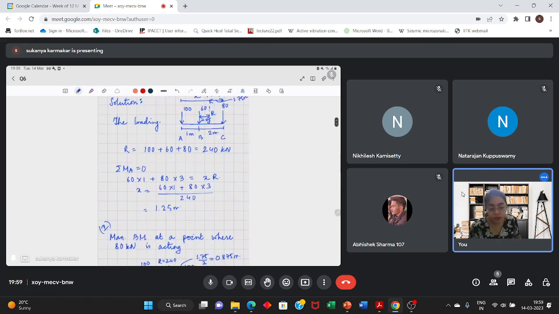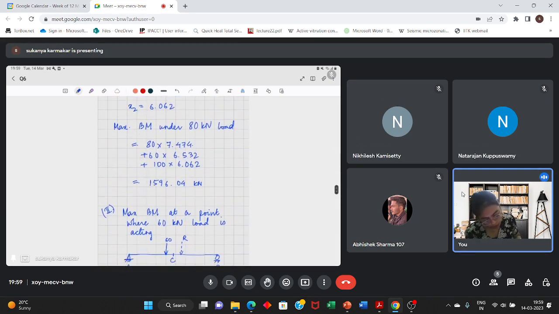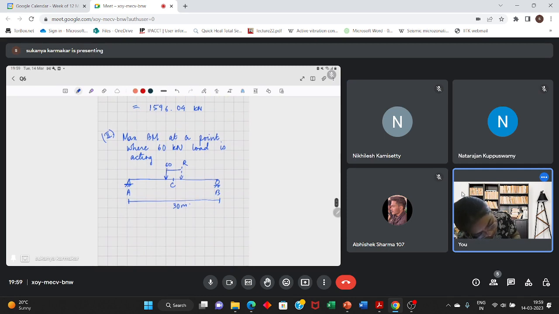It is 0.25. So how much is this? 0.25 by 2. Let's mark only one distance so that it's clear. So how much is this? 0.25 by 2, 0.125. So this is the point of concern.